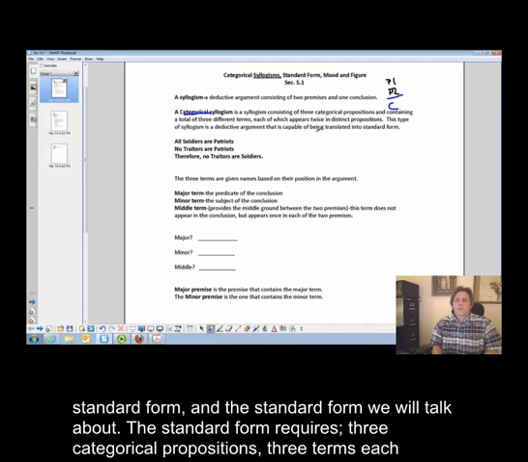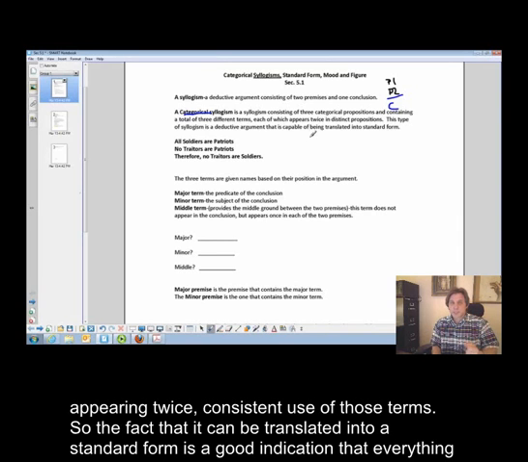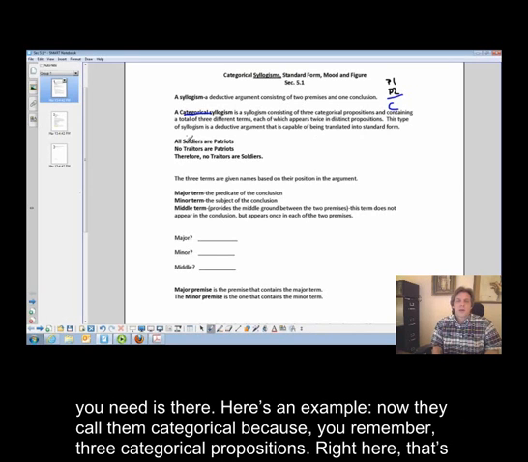And the standard form requires three categorical propositions, three terms each appearing twice, consistent use of those terms. So the fact that it can be translated into a standard form is a good indication that everything you need is there.